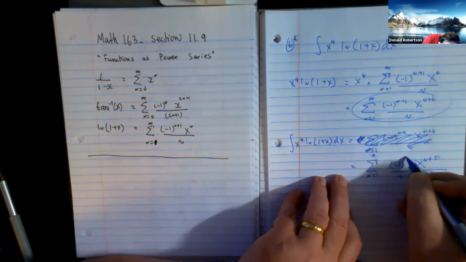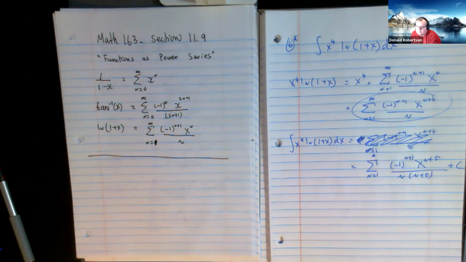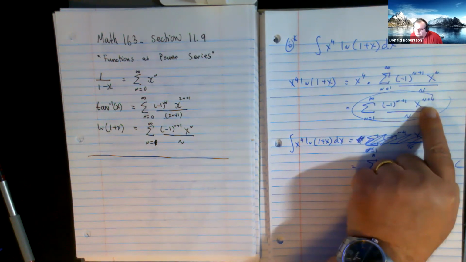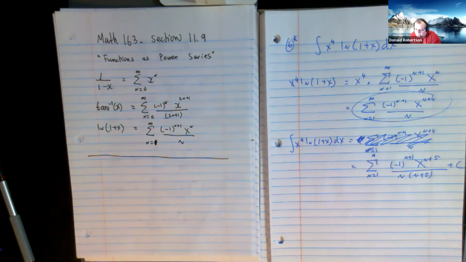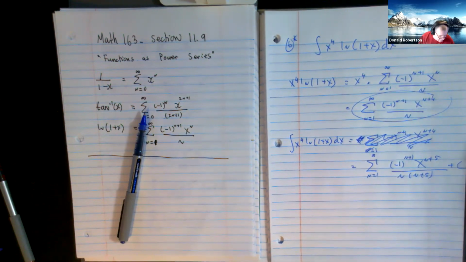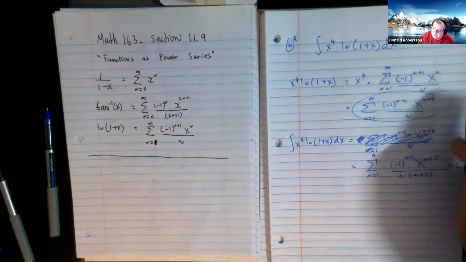And everything else stays put, and you got a plus c. So actually the integration of the power series really revolves around using the power rule on whatever the power of x here is. Oh, and remembering your plus c. Are we good? A little hiccup there, but are we good?